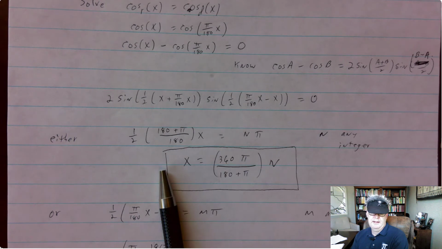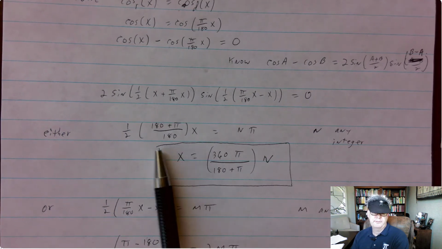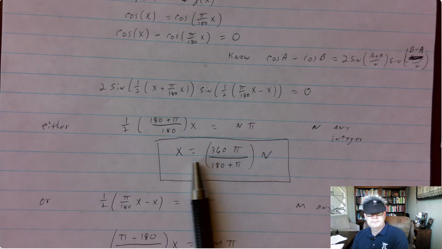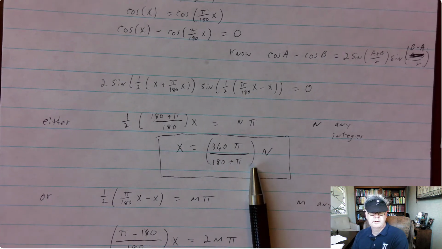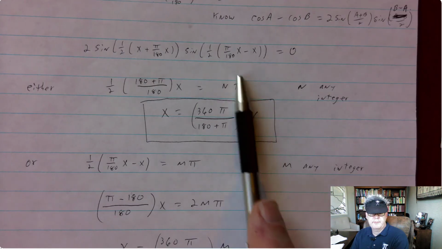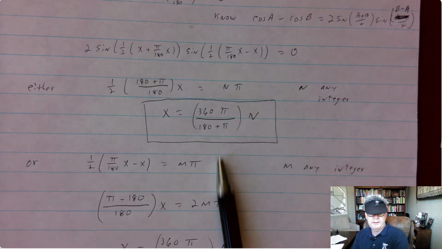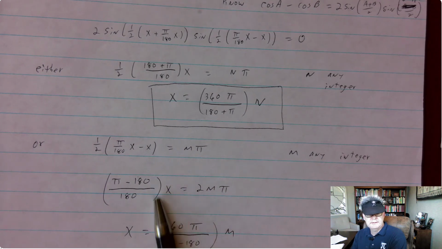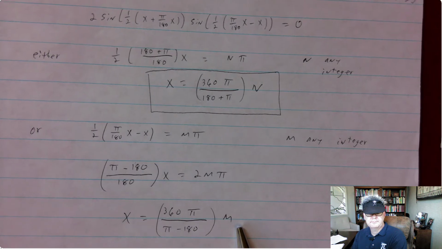And again, how can that be 0? It's if the argument of sine is n pi. So we quickly solve to get this. Or if this argument is a multiple of pi, I have m pi, and so we get this.